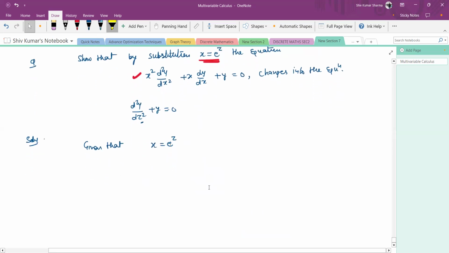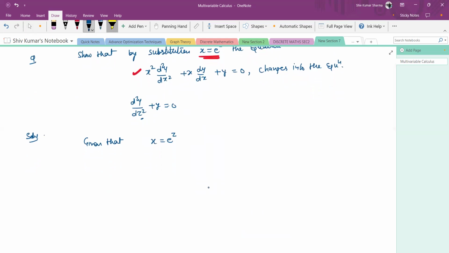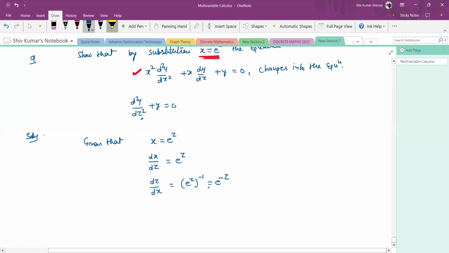So given that x equal to e raised to the power z, when we differentiate this with respect to z, we can calculate dx upon dz. So what is dx upon dz? It is e raised to the power z. Now, dz upon dx means e raised to the power z raised to the power minus 1, which gives us e raised to the power minus z.